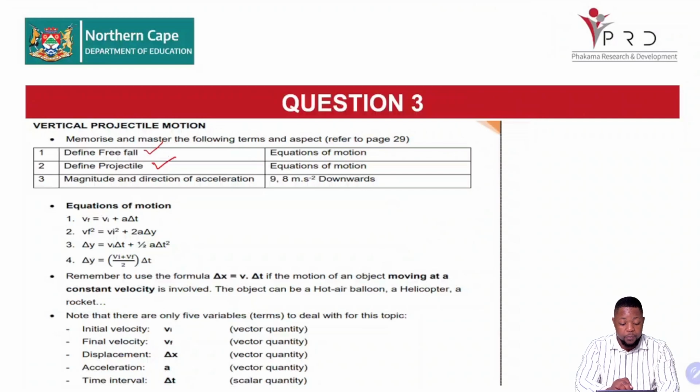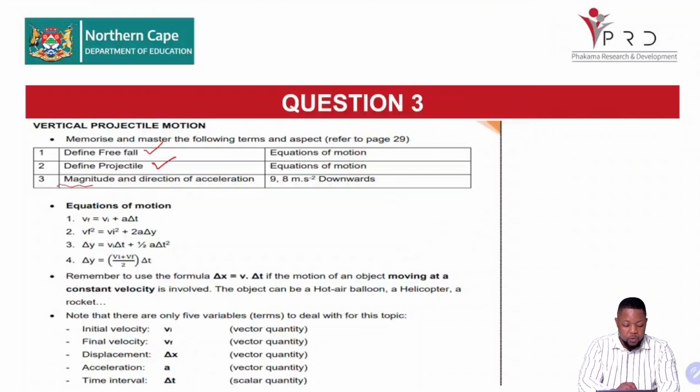But when defining projectile, it's almost similar but different. When defining projectile, it talks to the object that falls under the influence of gravitational force only. We have seen learners swapping them when they define in the final examination. Just pay attention that you do not swap them.